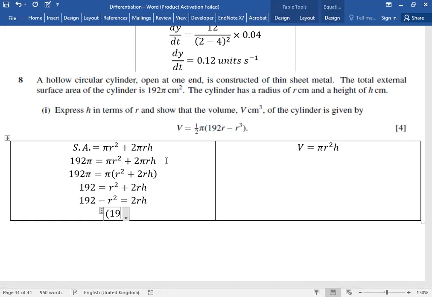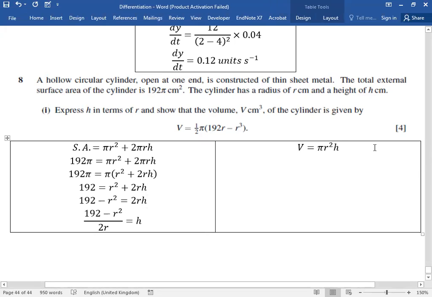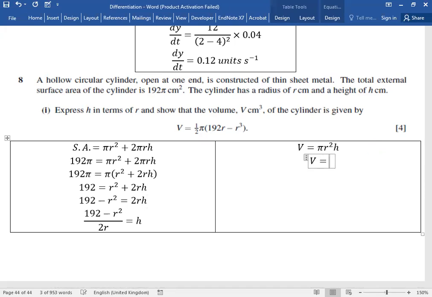And 192 minus r square upon 2r is equals to h. बिल्कुल ये वाला काम करेंगे हम. वॉल्यूम में h की जगह पाई r square and then 192 minus r square upon 2r.